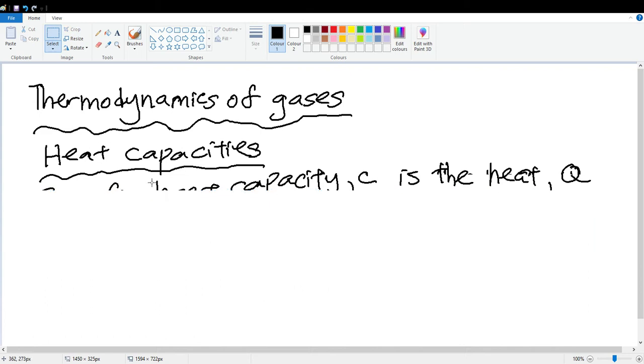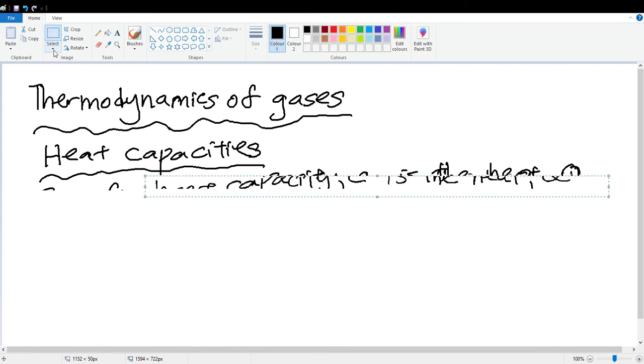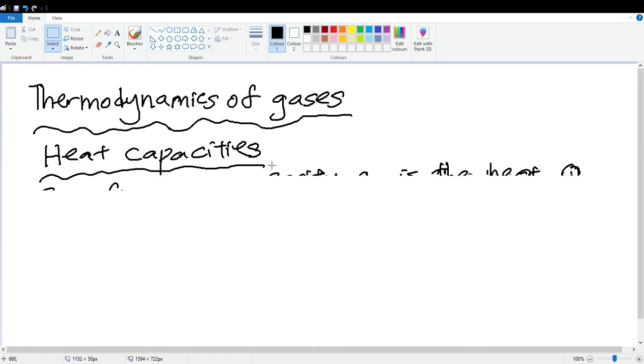Alright, this is the definition of specific heat capacity. Let me erase this first. What is the difference between heat capacity and specific heat capacity?